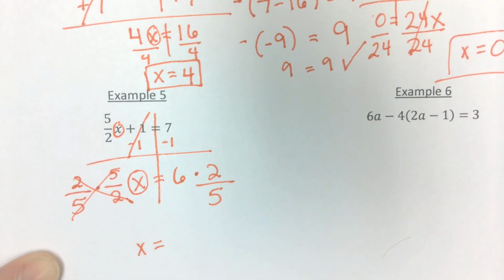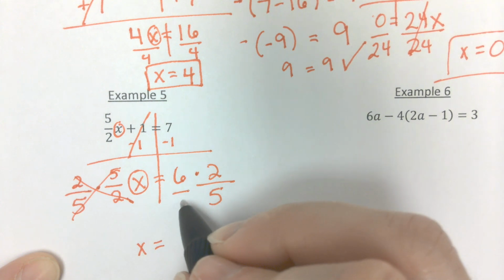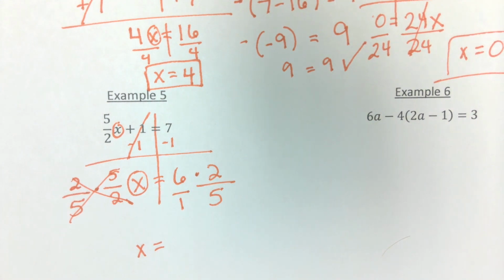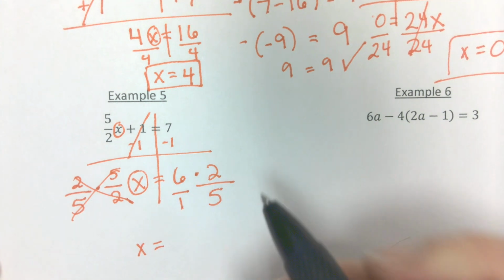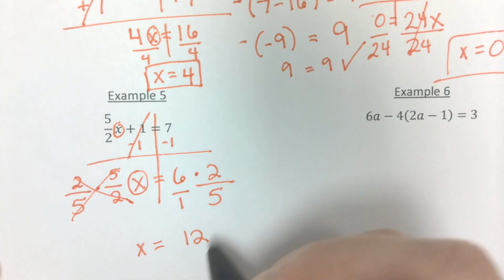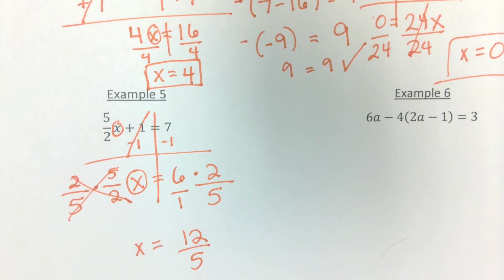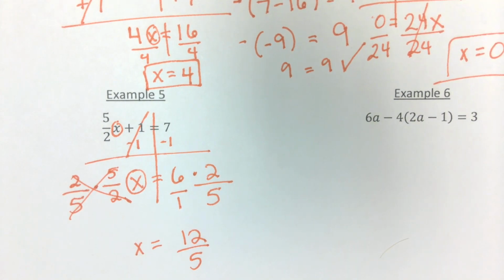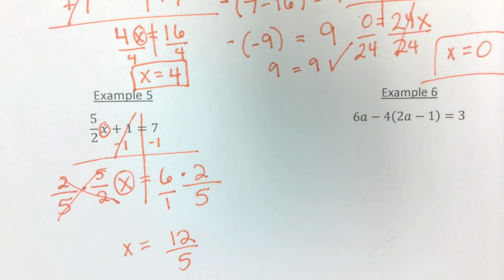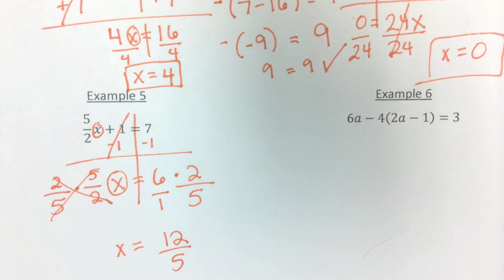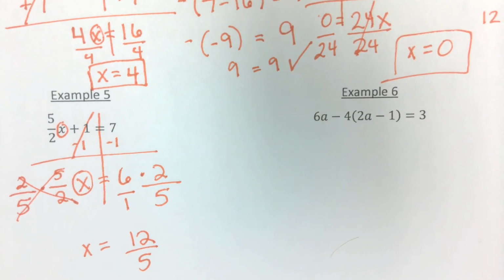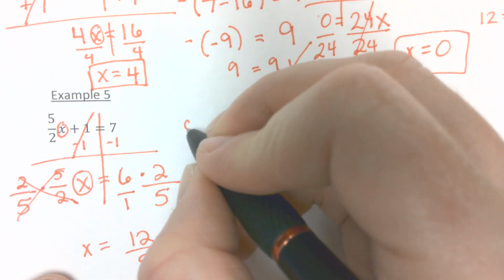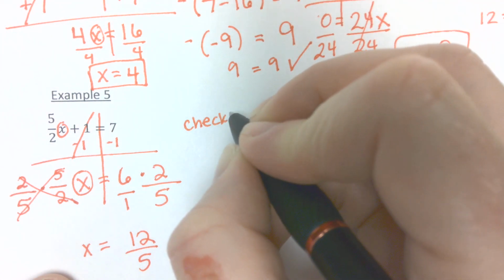So x equals, 6 is over 1, so we do top times top over bottom times bottom. 6 times 2 is 12. 1 times 5 is 5. So 12 over 5 is our solution. Most of the time we're scared of fractions, but these aren't awful. We can still do it.